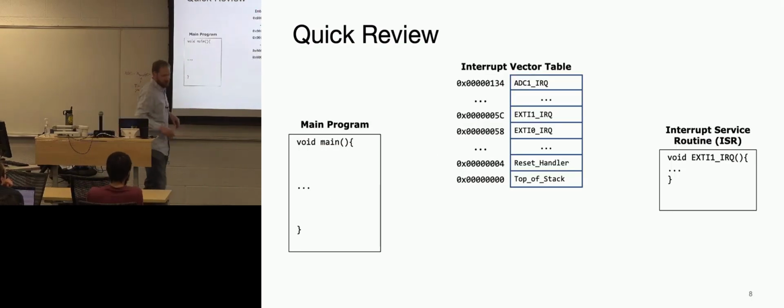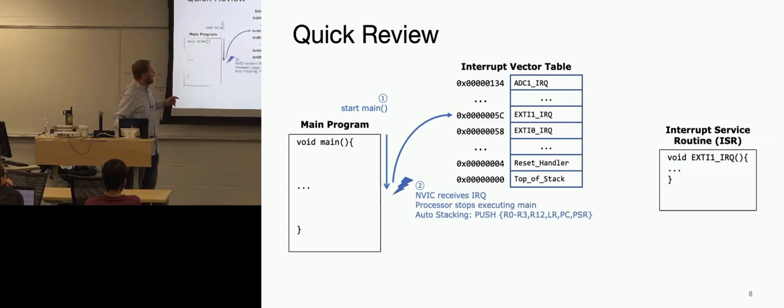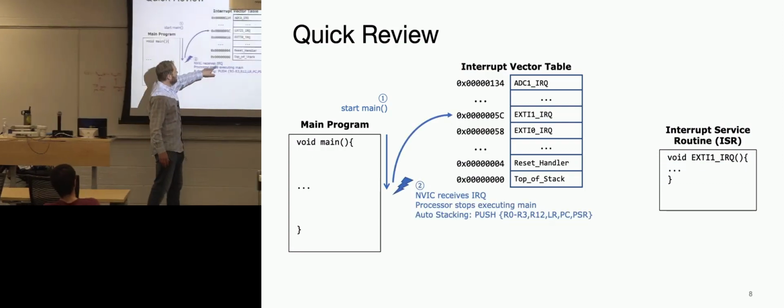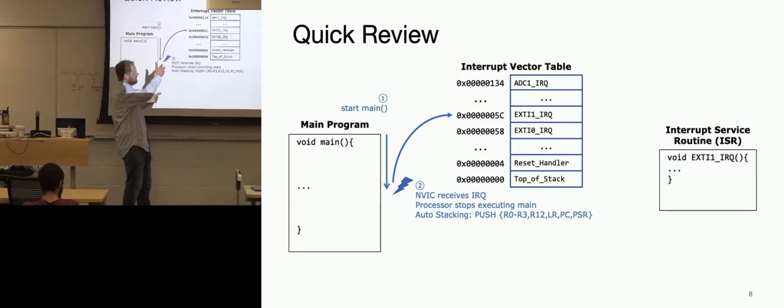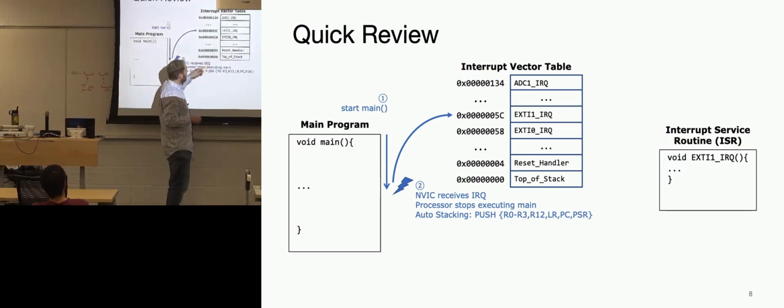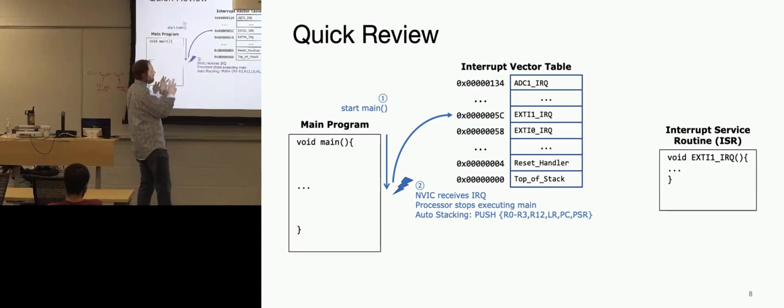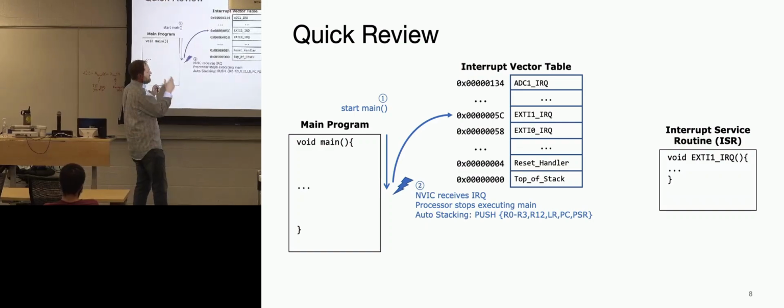You have some main program. Some external interrupt occurs. First, it has to figure out which IRQ it is, and that's pretty easy because they're all mapped into the NVIC. But then the IRQ that caused this has to execute code at some location, so there has to be a table or structure that holds the address of what code should be executed.